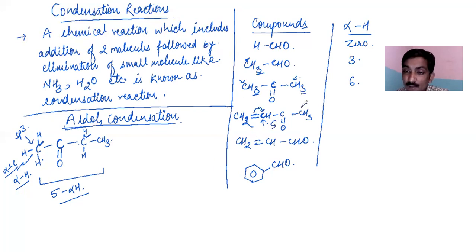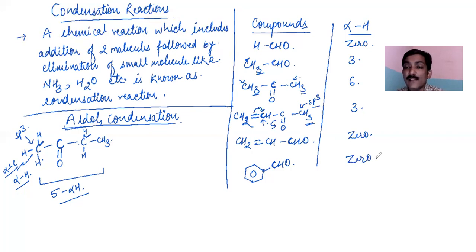But this carbon is sp3 hybrid, and the hydrogens of this carbon are considered as alpha hydrogens. So we have 3 alpha hydrogens here. In this case, the carbonyl carbon is bonded to a carbon that is sp2 hybrid, so no alpha hydrogens this time. And here, benzaldehyde, this carbonyl carbon is bonded to an sp2 hybrid carbon again, so no alpha hydrogens.